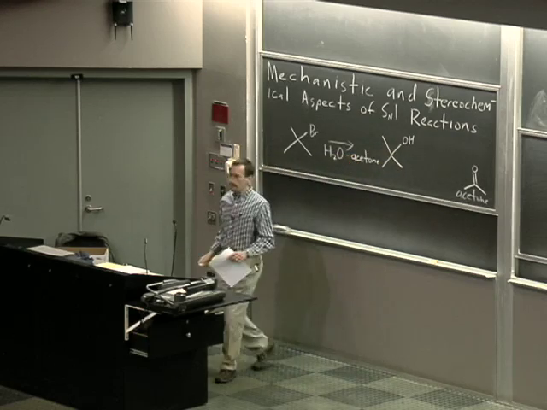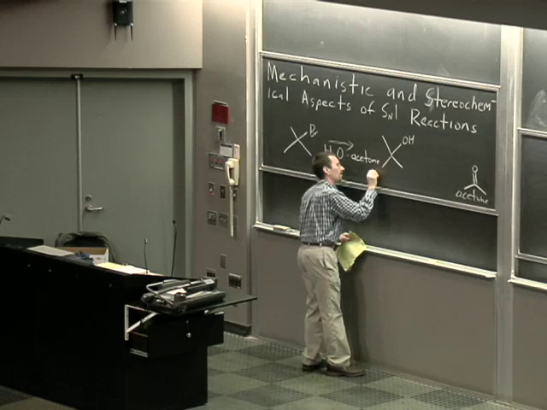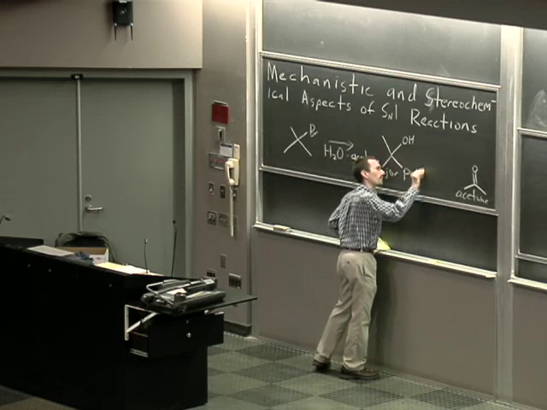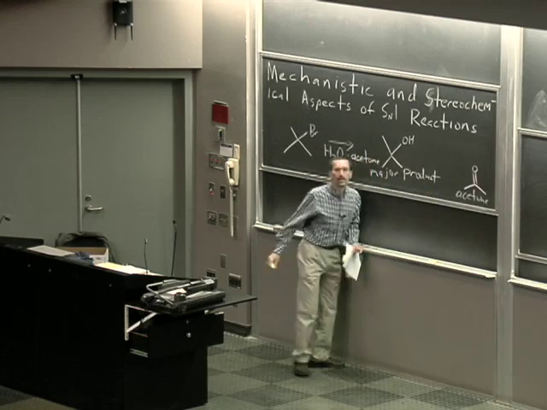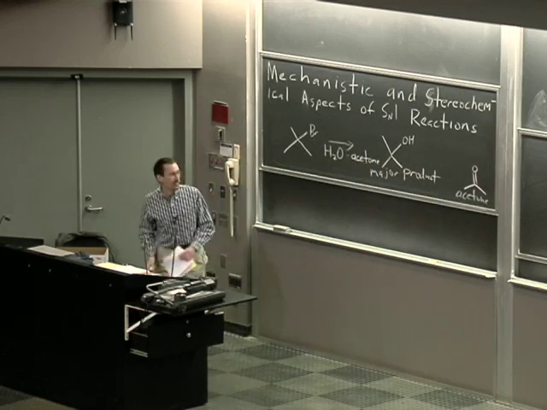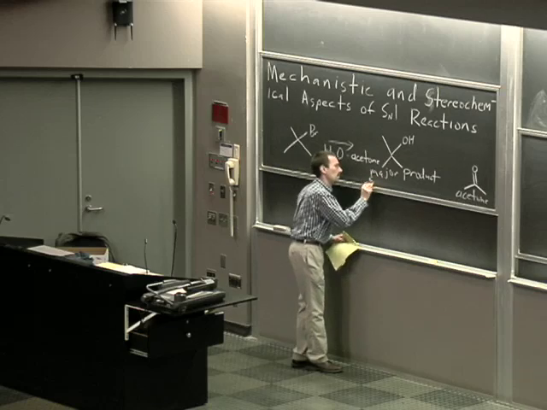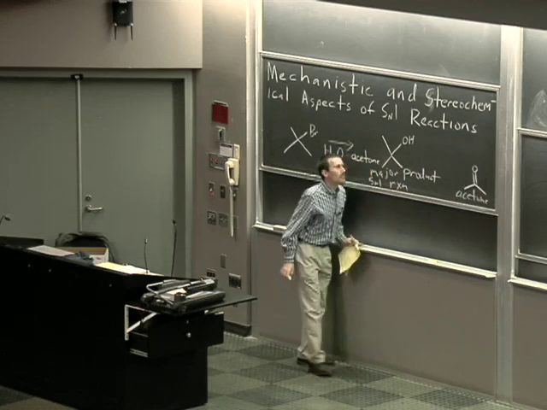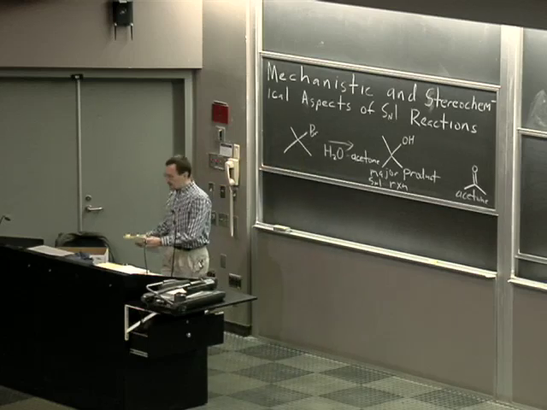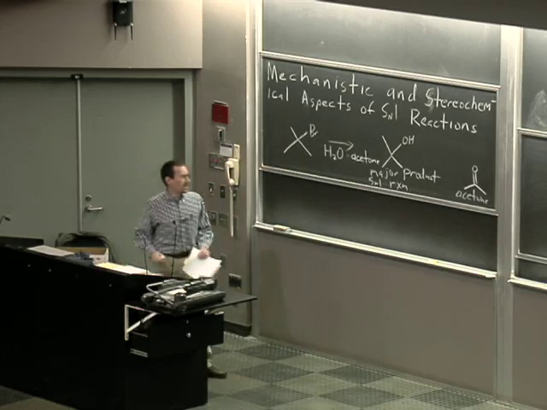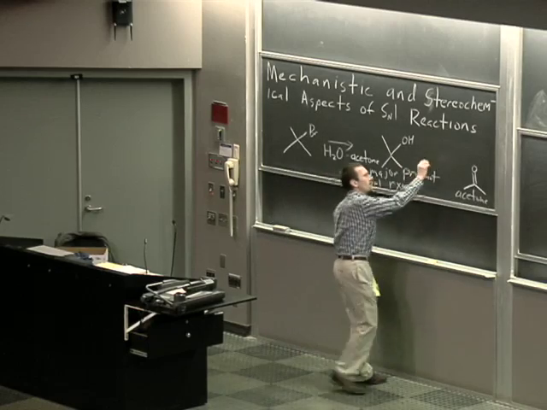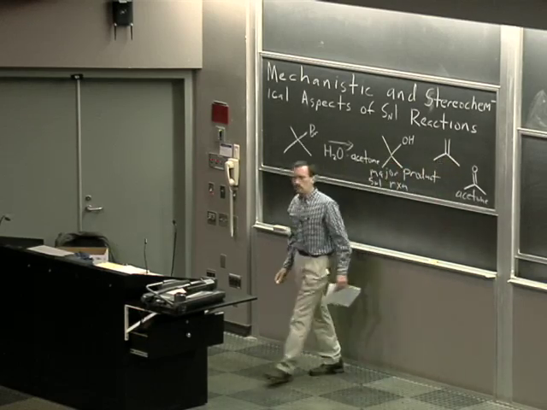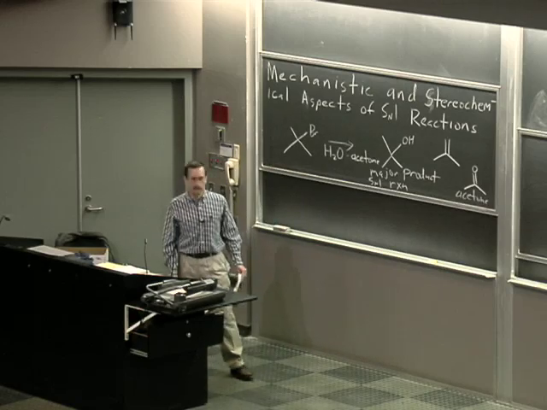I'm going to write major product here. This is the product of an SN1 reaction. You'll also see a little bit of a minor product, and we'll be discussing this more in the next chapter. This minor product is 2-methylpropene.